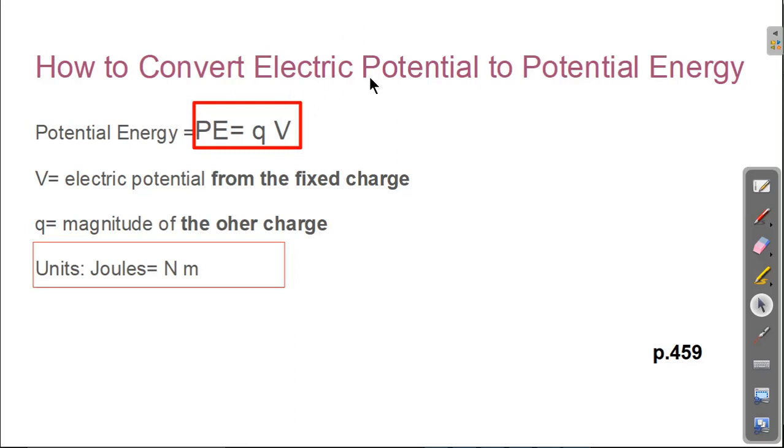Remember we said electric potential provides potential energy, so here in your equation they are connected now. The units for potential energy are joules, because energy is in joules. You already know that from previous modules, and a joule is just a Newton-meter. This was explained to you on page 459.